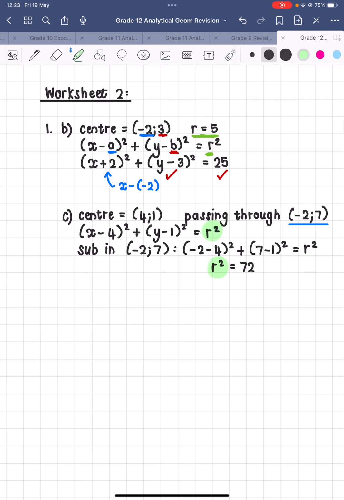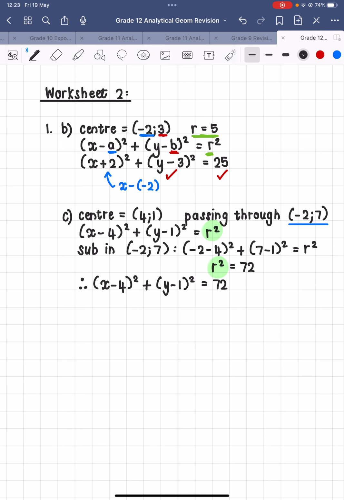So in our equation, I'm going to put 72. Okay, it's a very common mistake to think, okay, r squared is 72, so I have to do the square root. That's only if they've asked you for the radius. Okay, which they haven't. They've asked for the equation. So therefore, x minus 4 squared plus y minus 1 squared is equal to 72.